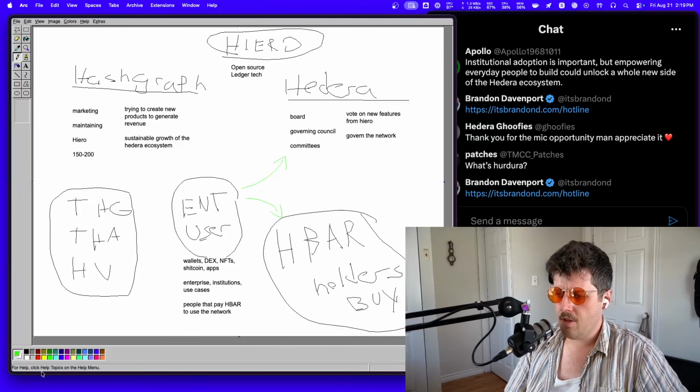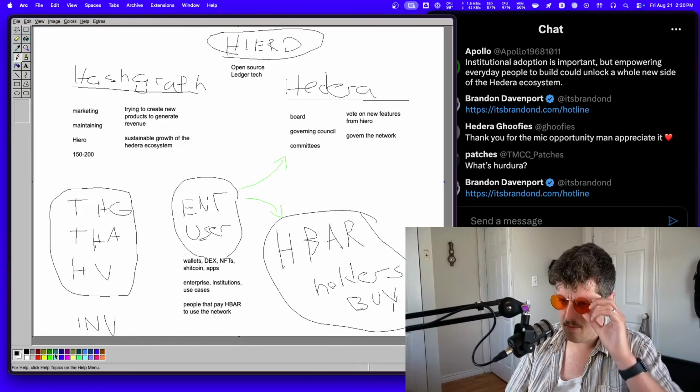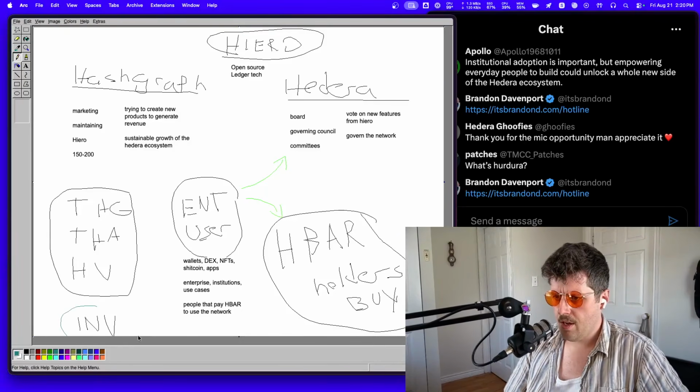And also maybe we'll do a thing here called investment. I don't know how else to put it, but maybe I'll do it in blue. This is a little different.